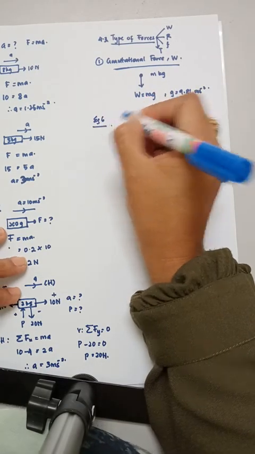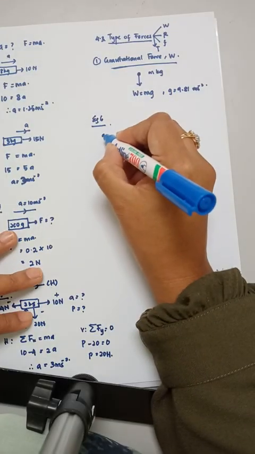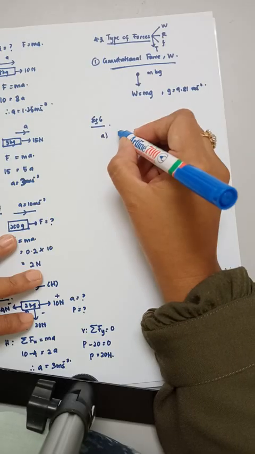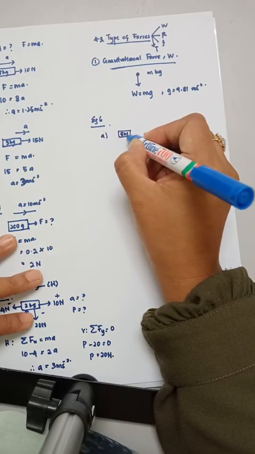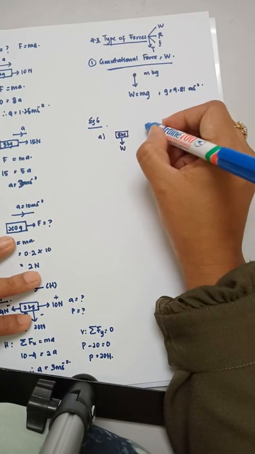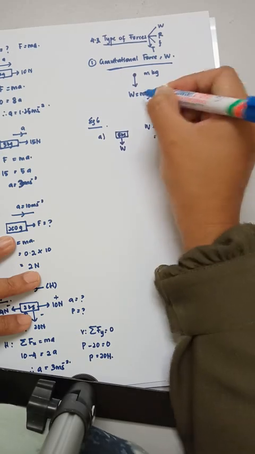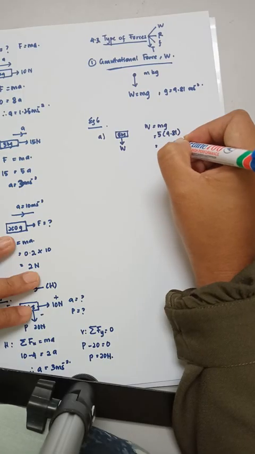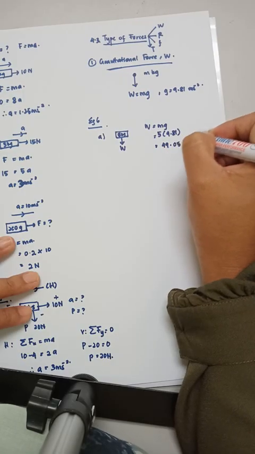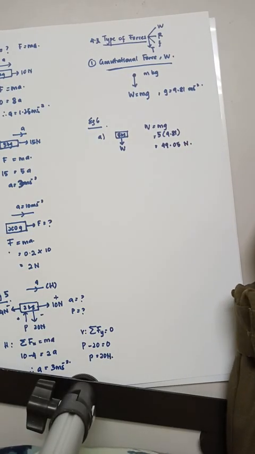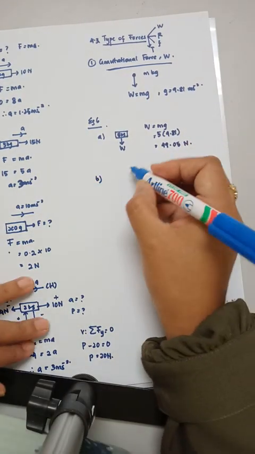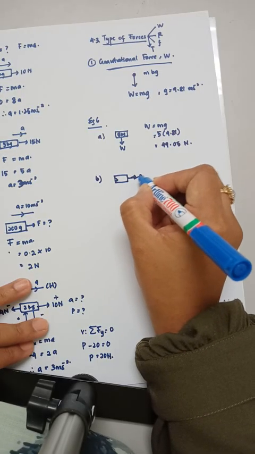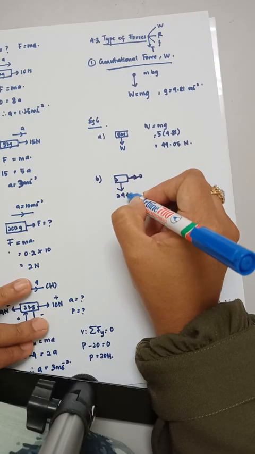Okay, look at your example number 6. Find A, the weight in newtons of the box of mass 5 kg. So it has a mass of 5 kg, and we want to find its weight. Weight is m times g, m is in kg. So 5 times 9.81, the weight is 49.05 in newton, because it is a force. Then B, the mass of the box whose weight is 294 newton.